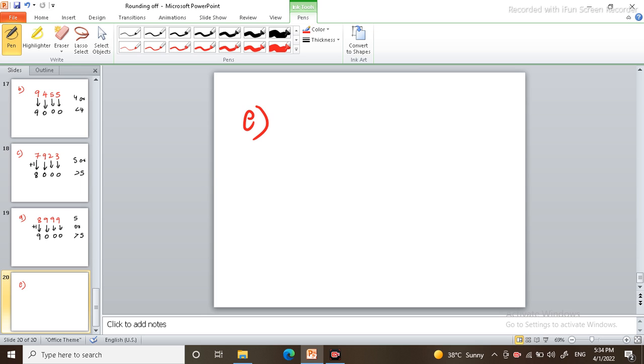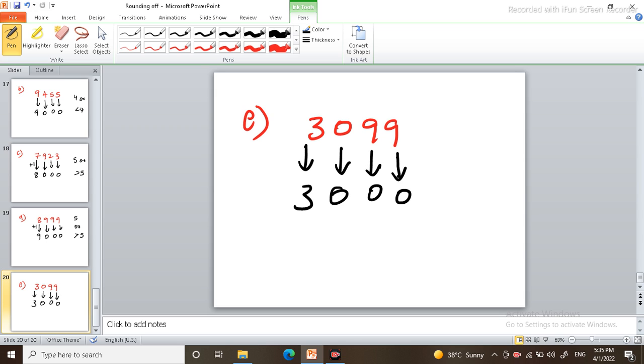What example can we take? 3099. So the hundreds digit is 0, which means less than 4. So keep 0 and the tens and ones also 0, 0. The thousands place stays as it is. So it will become 3000.